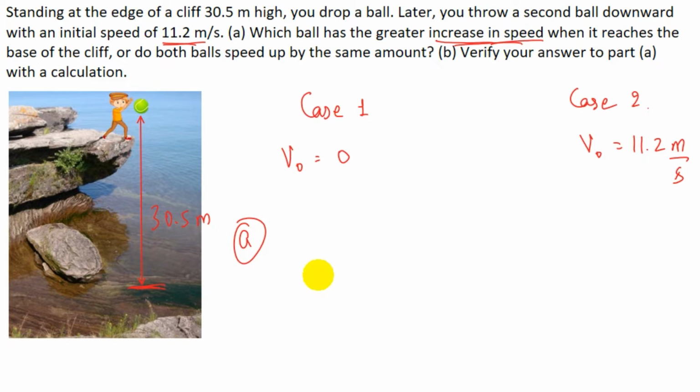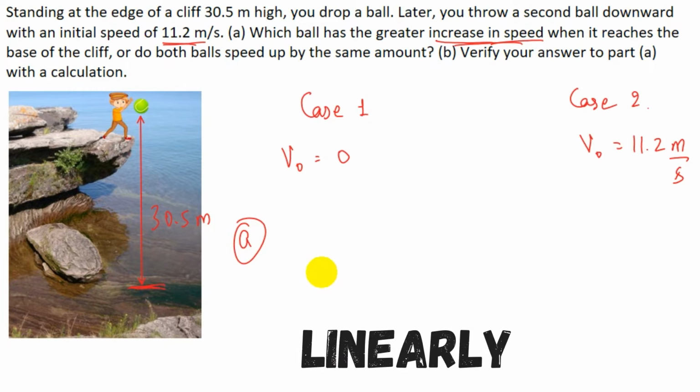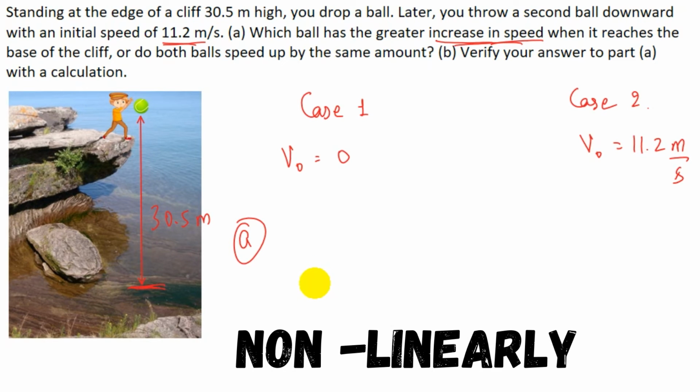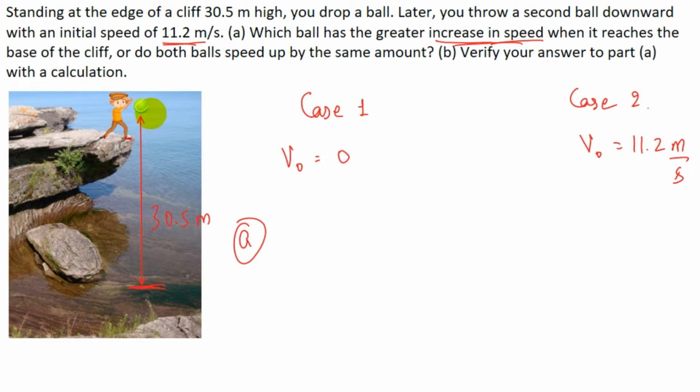Now we know that speed increases linearly with time in the case of free fall, but non-linearly with distance. Now because the first ball has a zero initial velocity, after reaching the base of the cliff, the average velocity for ball 1 would be less, and the average velocity for the second ball would be more, because initial velocity, this is V0, is 11.2 for the second ball.